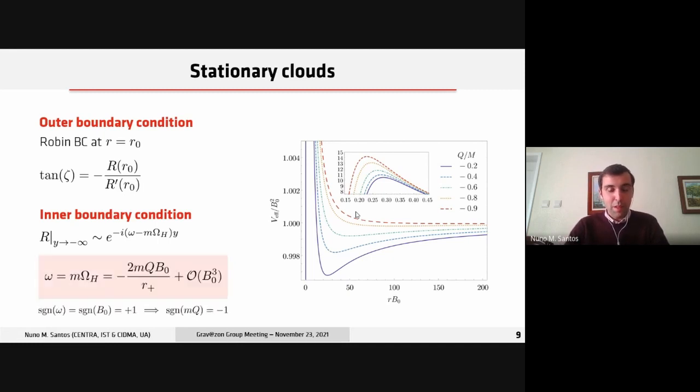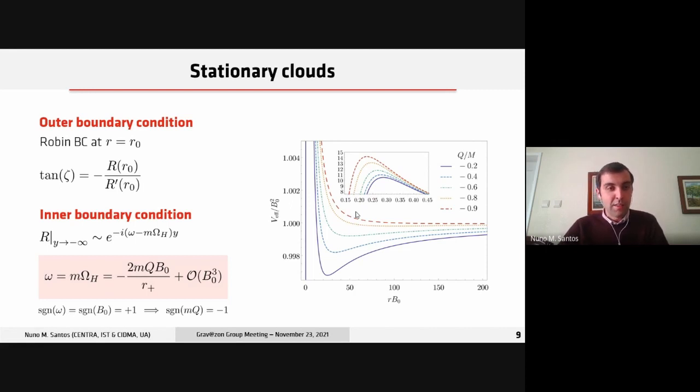But again, something special happens when these two sides of the inequality match, when omega is equal to little m times capital omega h. When this synchronization condition holds, the radial function no longer behaves as a wave near the event horizon, and bound states can form for particular values of the mass and the charge of the black hole.